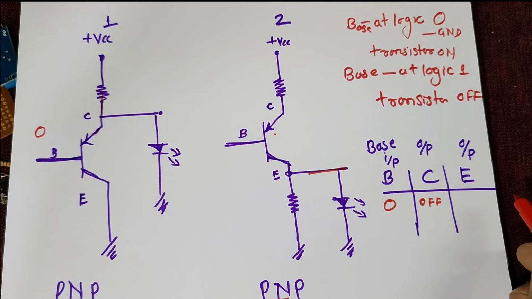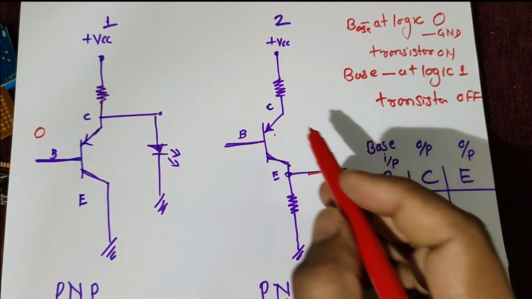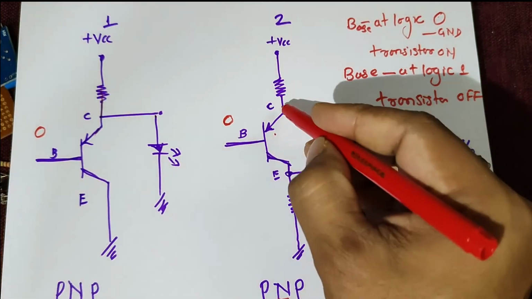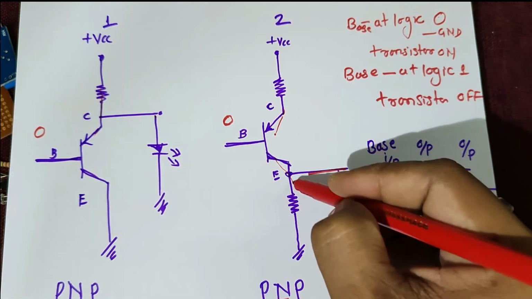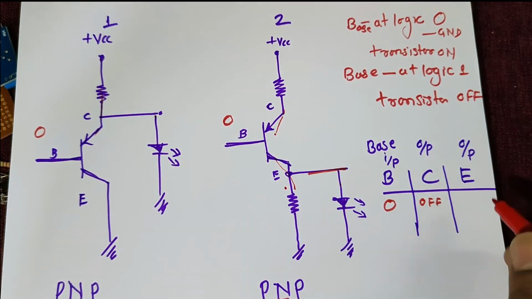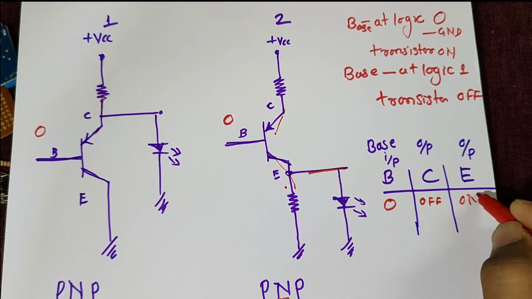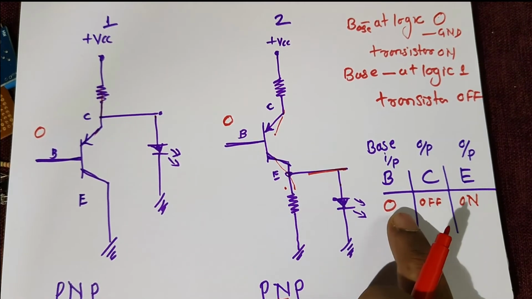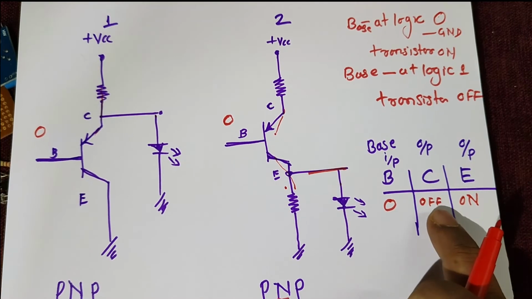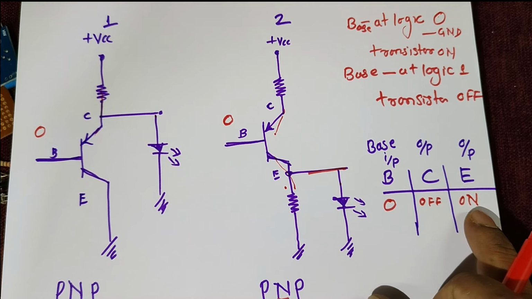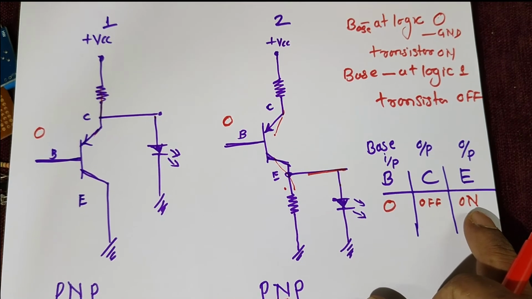Now in figure 2, if you apply the base logic 0, there will again be a flow of charge from collector to emitter, and you will get the output across the emitter, as the transistor is on, so it will remain on. So in the PNP transistor, when the base logic is 0 and you are taking the output across the collector, it will be off, and if you are taking the output across the emitter, it will be on.